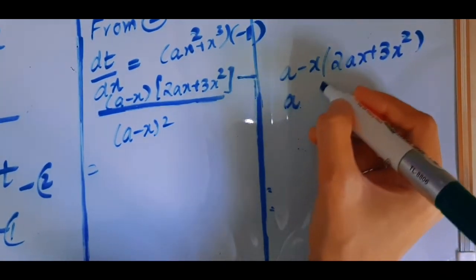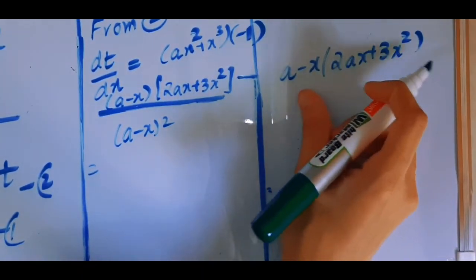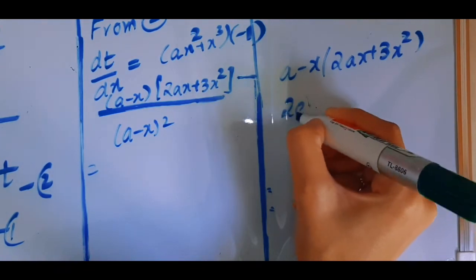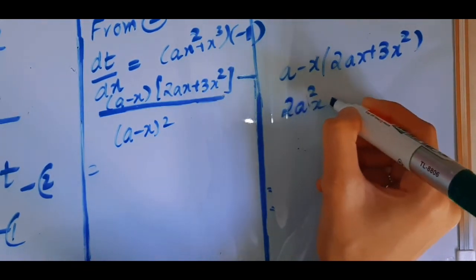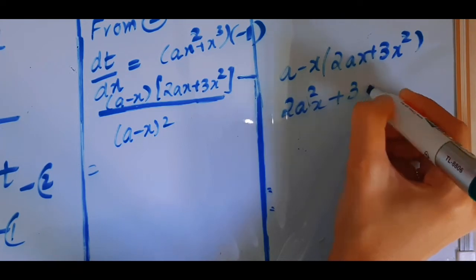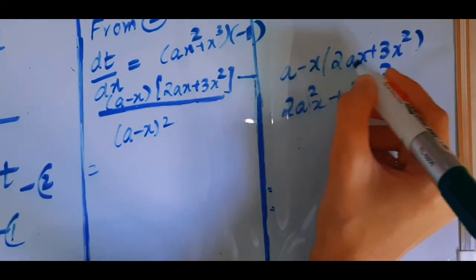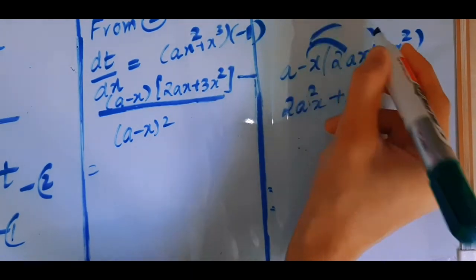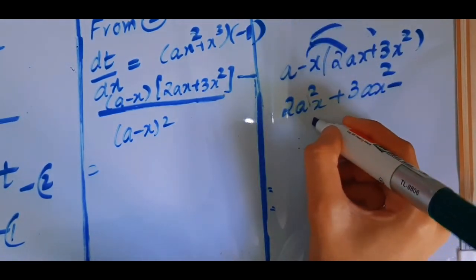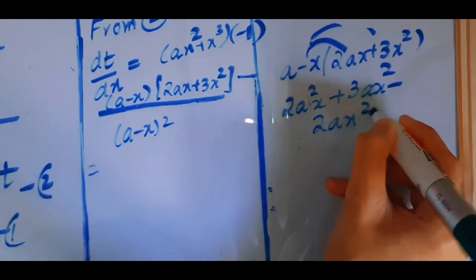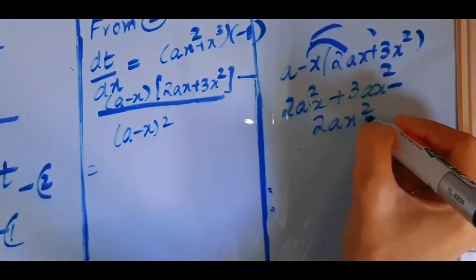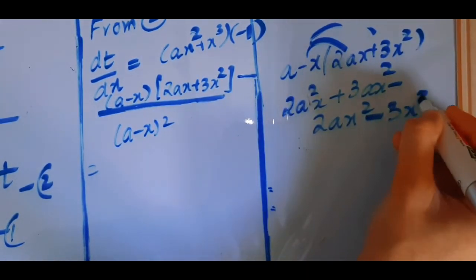So a multiplied by this term will be 2a square x plus 3ax square, minus x multiplied by this term, so it will be minus 2ax square minus 3x cube.